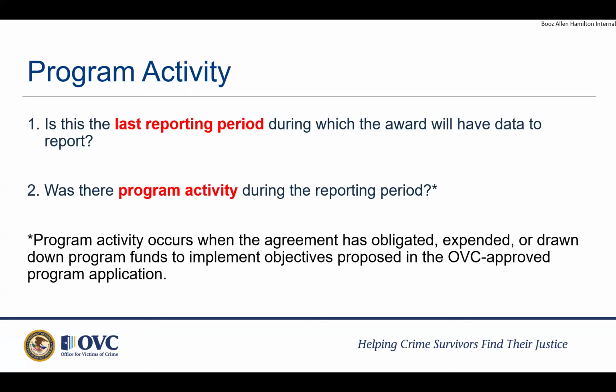But if you do expend all of your grant funds early, then you might be closing out your award earlier than expected. And then the second question will be, during that period, was there any program activity? And as you can see here, program activity is defined by any activity that's funded by this specific award. Again, not including any other external funding or any other internal funding.